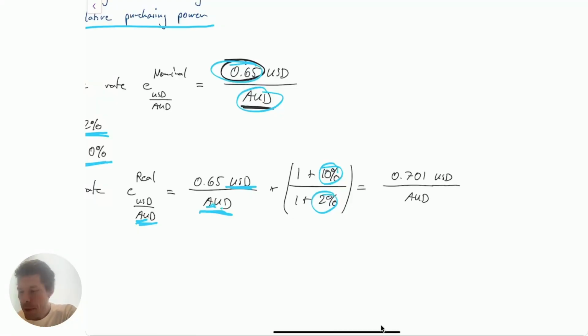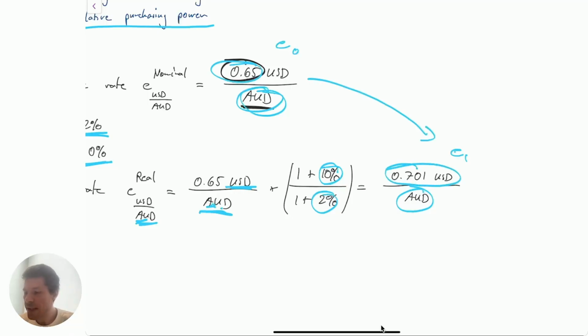And it's a bit tricky because usually when we compare exchange rates at a point in time, let's say this is the exchange rate today and this is the exchange rate in the future, on a nominal basis, we would say AUD, because AUD is your base currency, has appreciated because the price currency has increased.